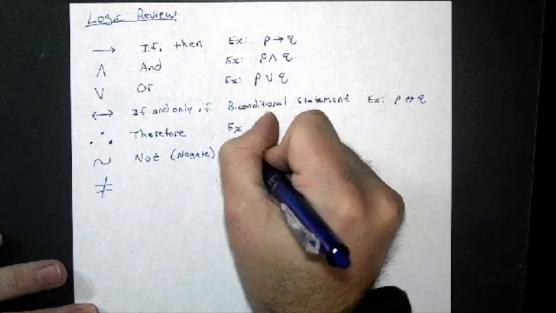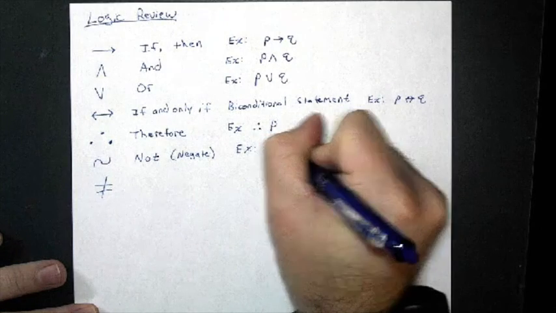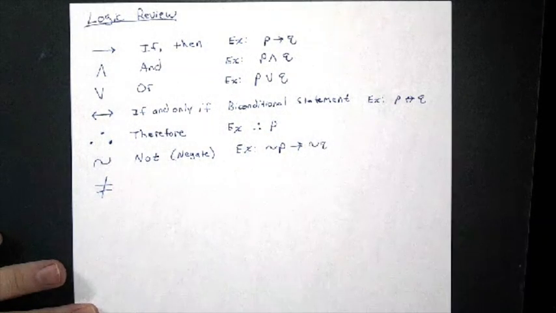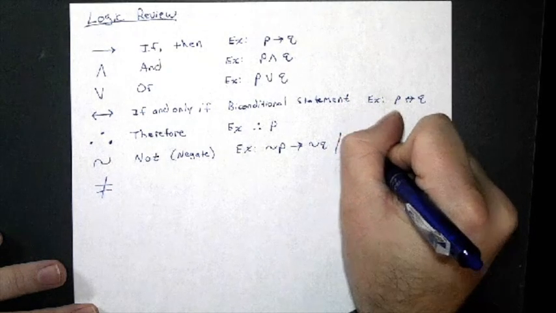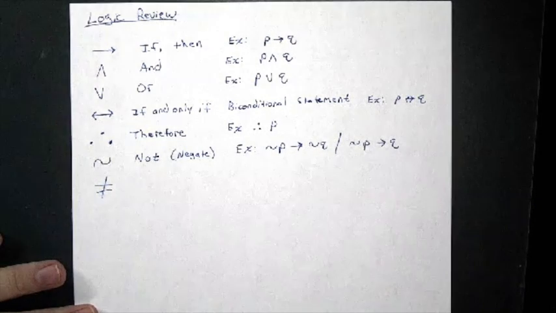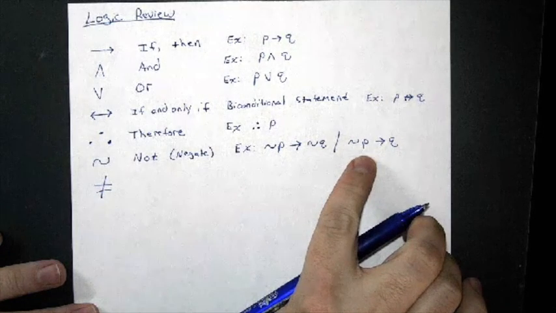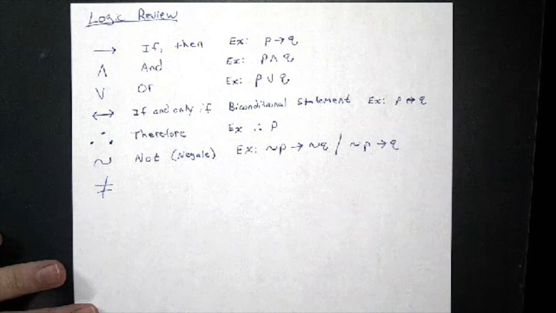For example, we could have if not P, then not Q. But we could also have if P, then not Q. So both letters don't have to have the not symbol. The not symbol just means we're going to negate whatever the original sentence represented by the letter P is.